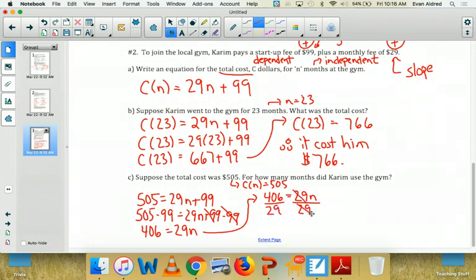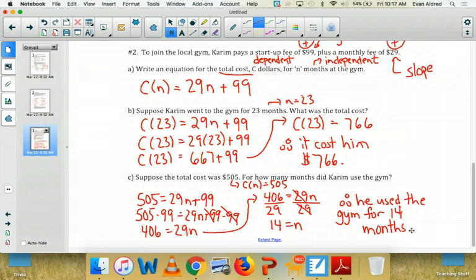And we find that 406 divided by 29 gives us 14. So therefore, he used the gym for 14 months.